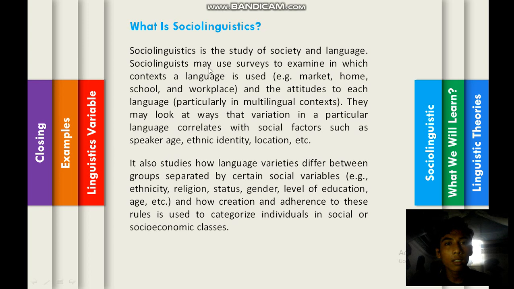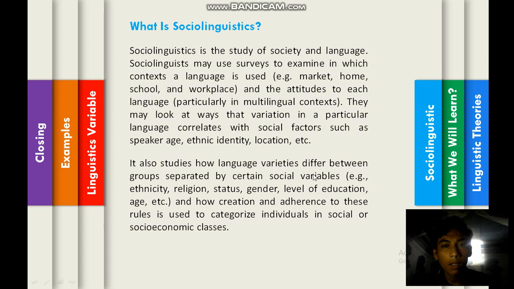Sociolinguists may use surveys to examine in which context a language is used. Examples: market, home, school, and workplace. And the attitudes to each language, particularly in multiple contexts. It also studies how language varies and differs, and the language is different from one country to another.